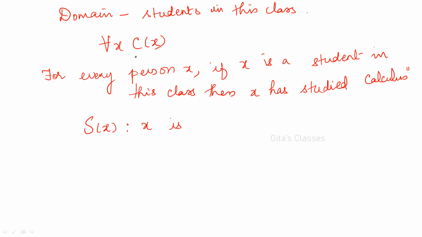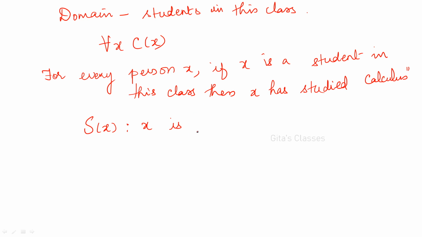Now x can be taken not only from this class, but from other classes or outside the class. Any person can be taken. If you are considering the set of all people, then if he or she is a student, only then do we consider that they have studied calculus, right?